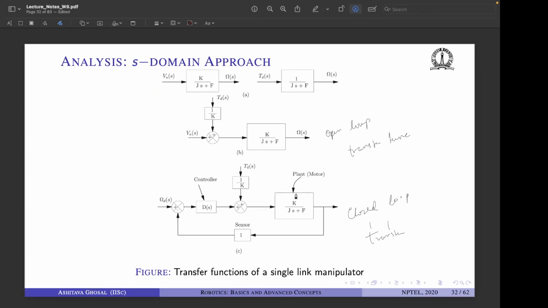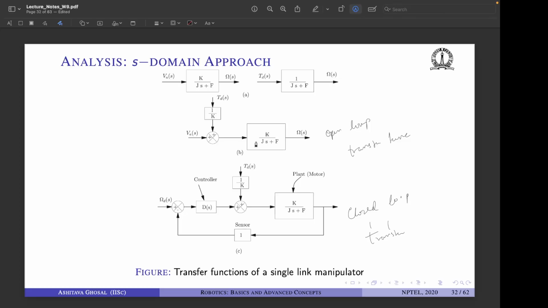In the first one, we just provide the inputs, multiply them with the transfer function from the dynamics equation of motion that we have got, and a certain output comes out of it. We do not include any feedback of the actual state, and there is no control module in here. So this is open loop control. Let's say if I give 5 volts, then the motor runs at 10, and let's say the angular velocity and the motor voltage have a linear relationship.